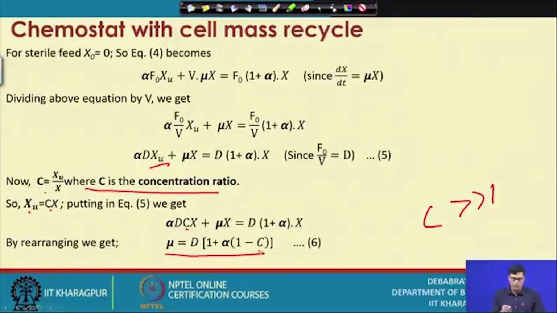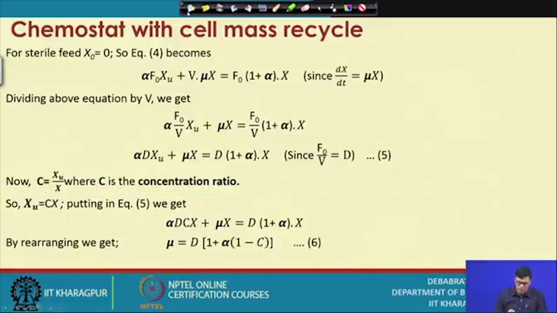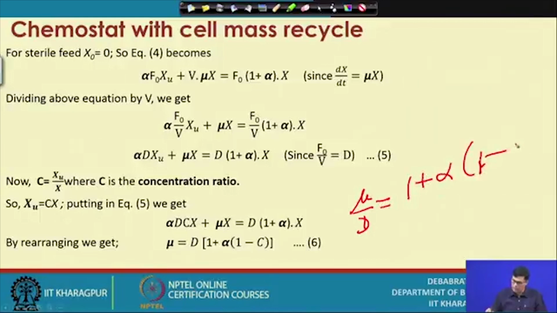Now, what is the significance of this equation? Let us try to find out. Here I can write mu by D is equal to 1 plus alpha minus alpha C. What is alpha?